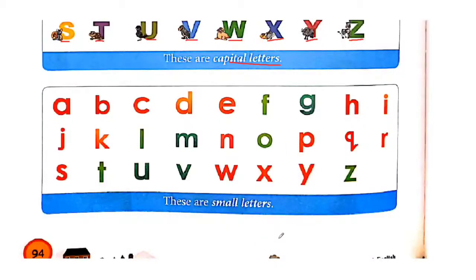Next comes, these are also the letters, but these are small letters. What are these? These are small letters, and above were capital letters.